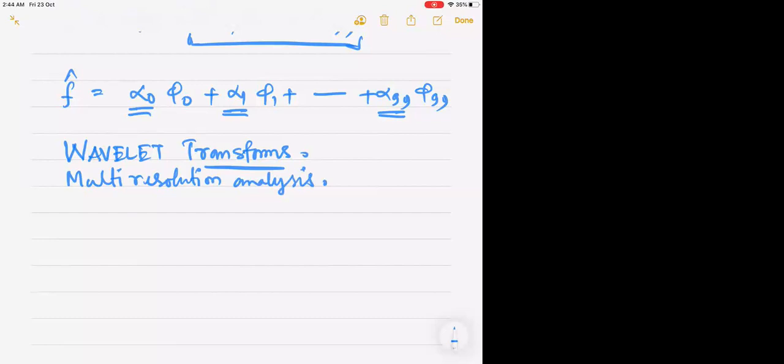Data compression standards like JPEG use such transformations to do the data compression for images. So this is what I wanted to discuss about lossy data compression.